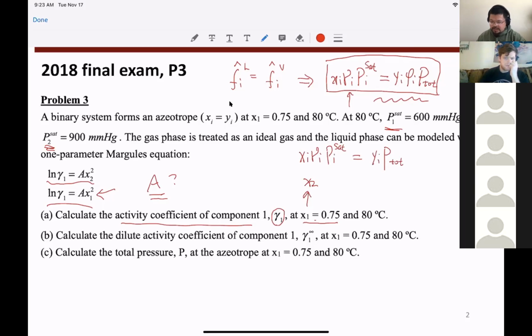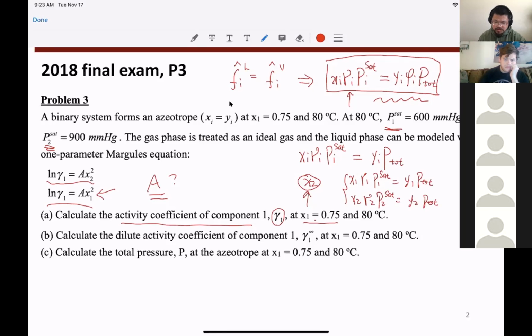I hope that by these examples, you develop the idea that we typically write this down as x1 gamma1 P1^sat equals y1 P total, and x2 gamma2 P2^sat equals y2 P total. In this problem, we don't know x1 and x2.